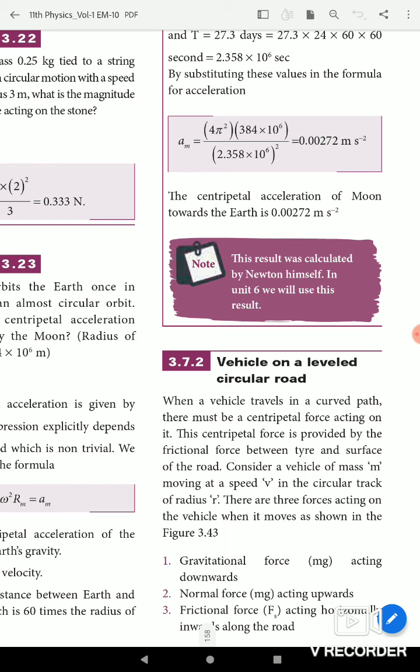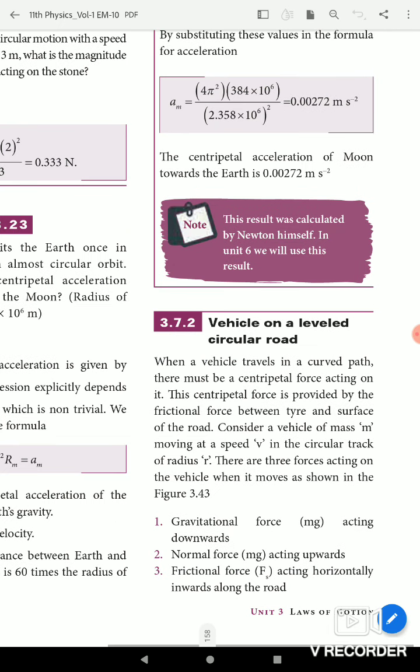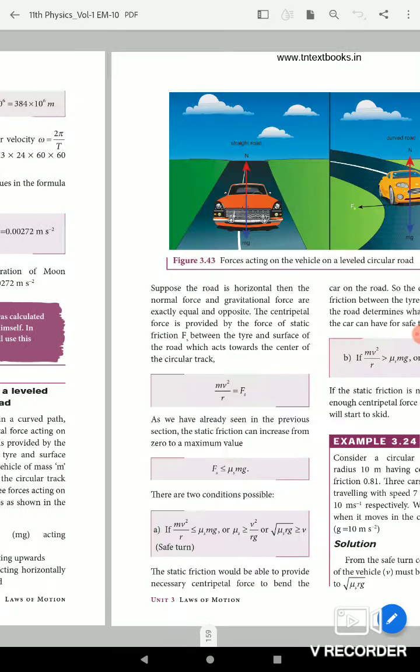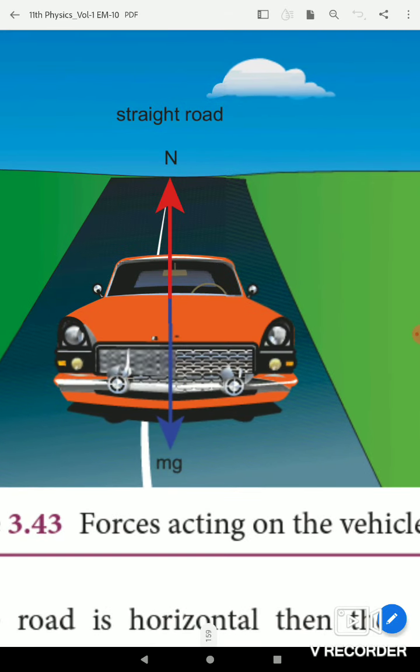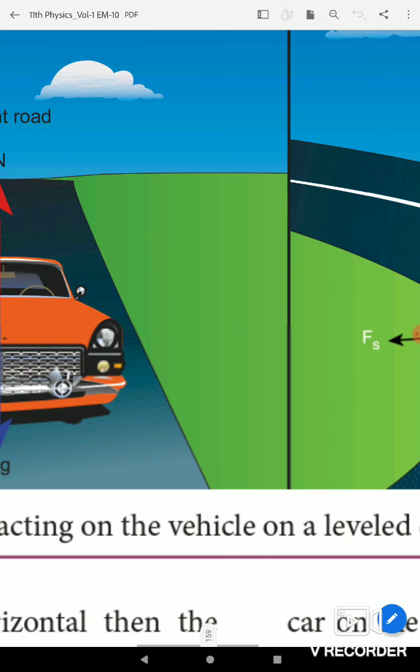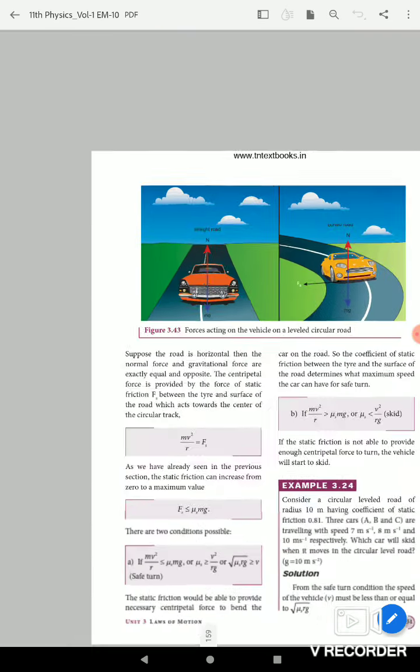There are three forces acting on the vehicle when it moves on the circular road: gravitational force mg acting downwards, normal force N acting upward, and frictional force F_s acting horizontally inwards along the road.